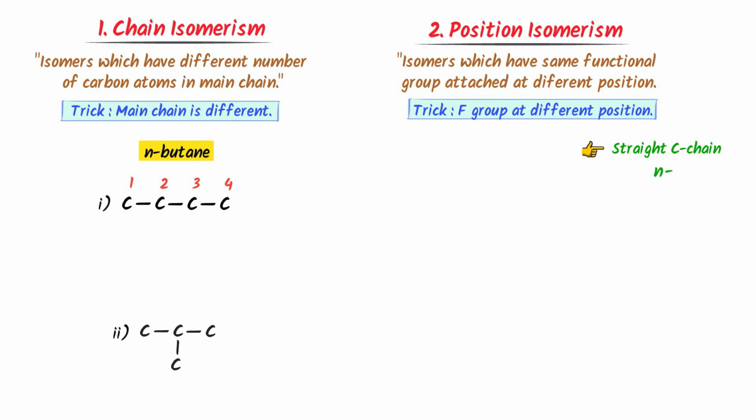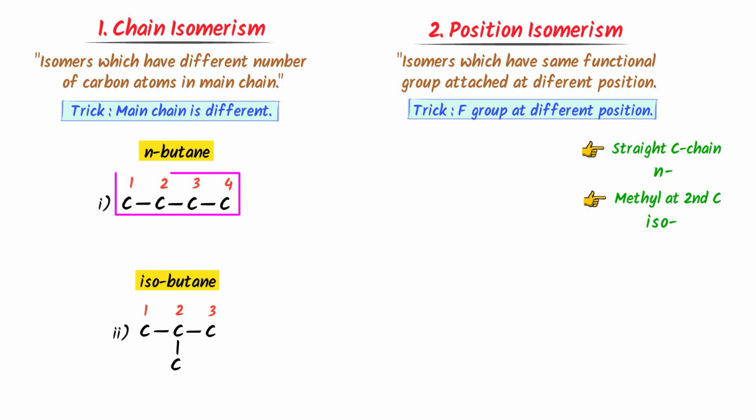I get this structure. Here 1, 2, 3. This carbon is present at second position. Remember that if a methyl group is present at second position, we call it iso. So this is isobutane.